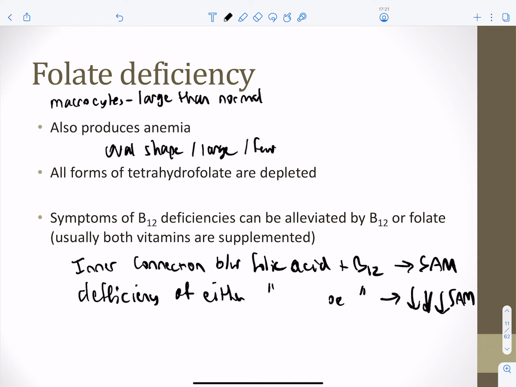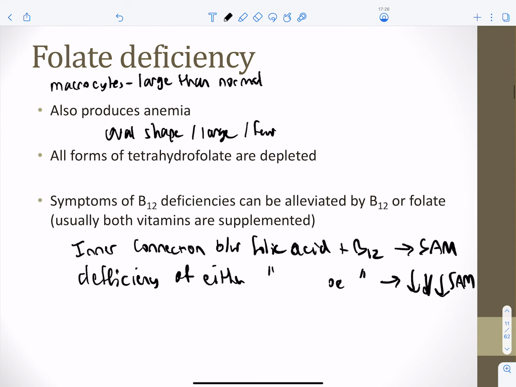And so that's going to have an effect on many other processes. So you're going to have a megaloblastic anemia, and so red blood cells are going to be larger than normal. It's also referred to as macrocytic anemia.